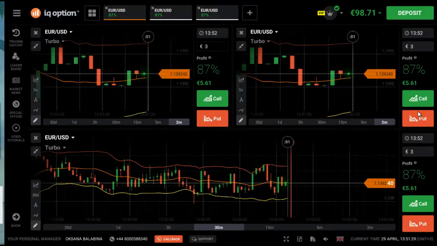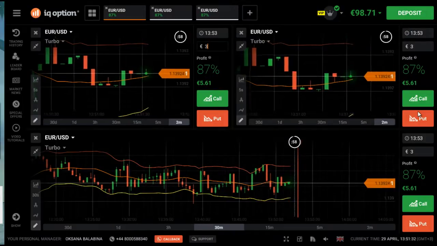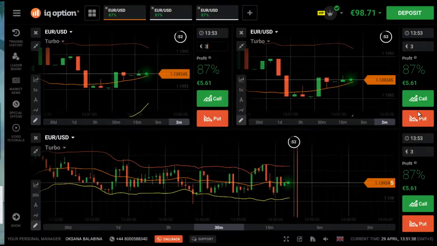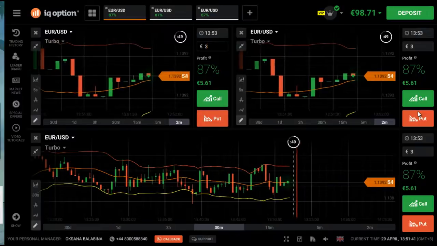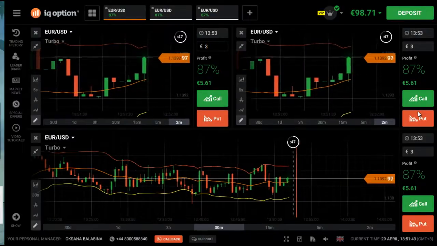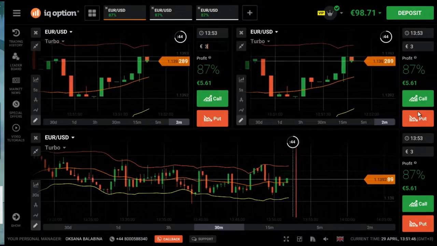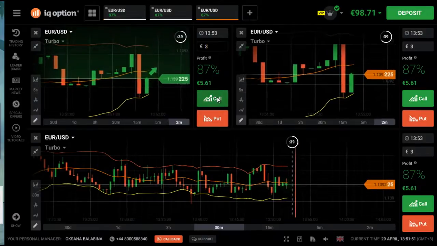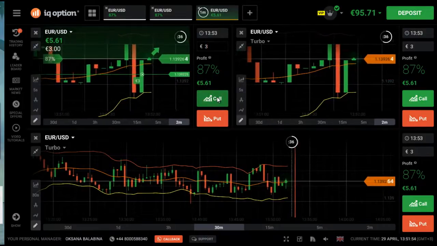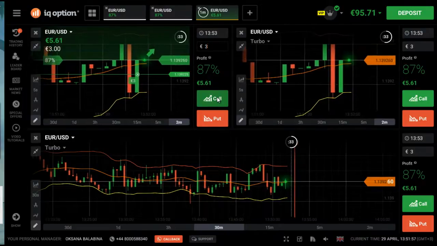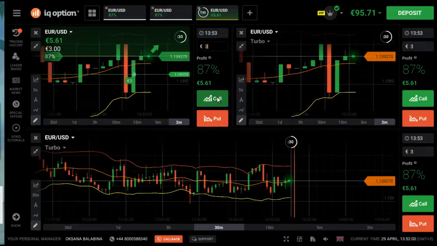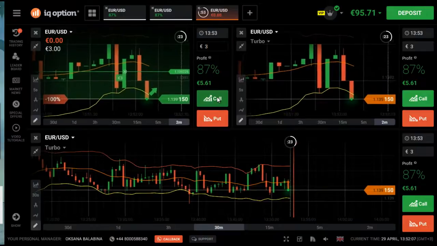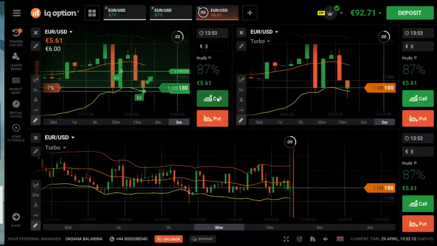Right now I'm not trading because the candle is in the middle of both the 5 seconds and 30 seconds Bollinger Bands, and there's nothing to trade on. So I'm waiting for when the candle hits or penetrates either Bollinger Band. Now it did, so I'm placing the call on primary window, and it seems to be working, but now it came back again, so I'm trying it again.